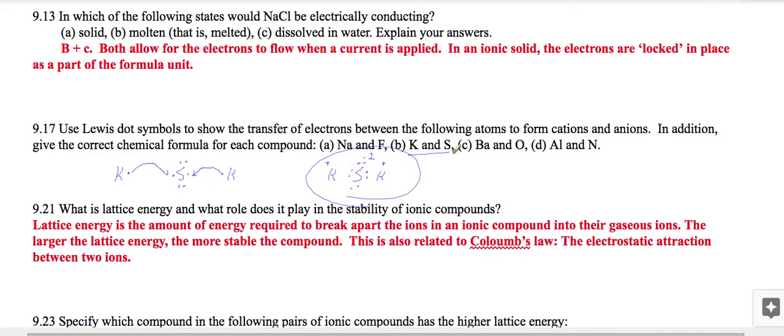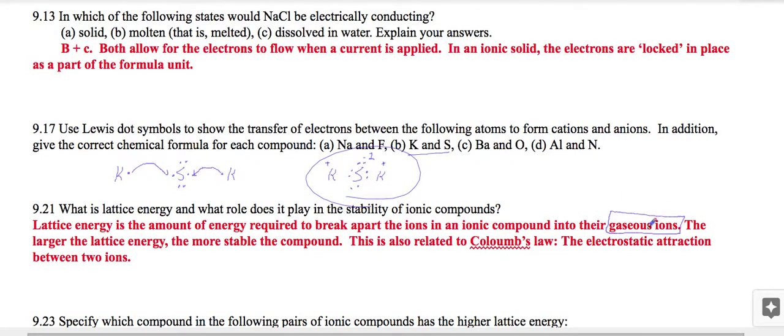Lattice energy is the amount of energy required to break apart the ions in an ionic compound into their gaseous form. Now, it's important that they're gaseous, not really in terms of our physical understanding of what happens, but in terms of the value for lattice energy.